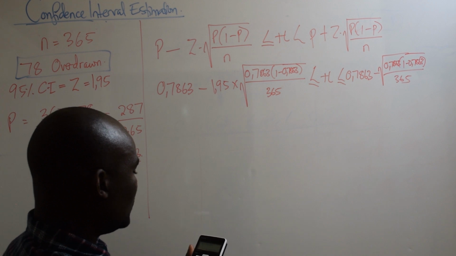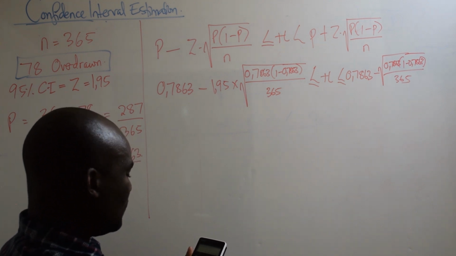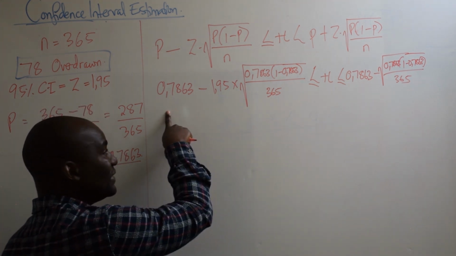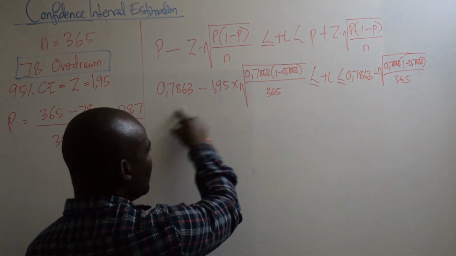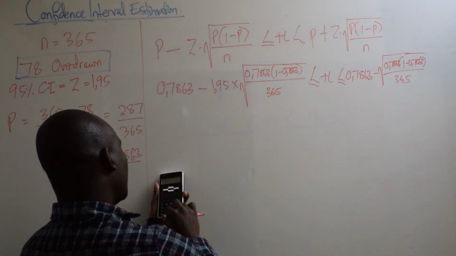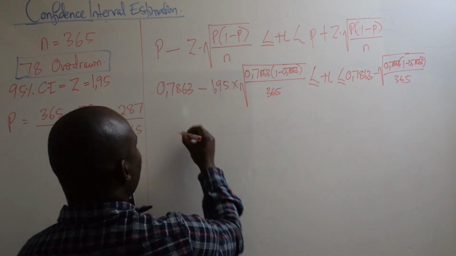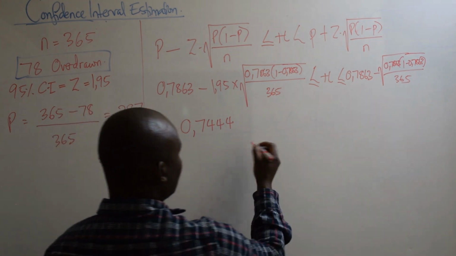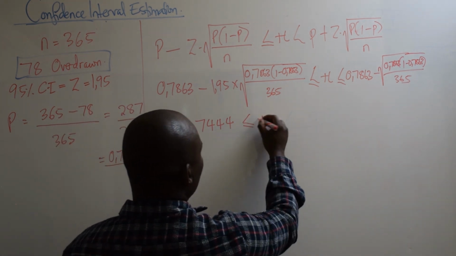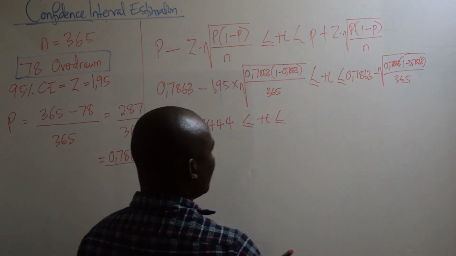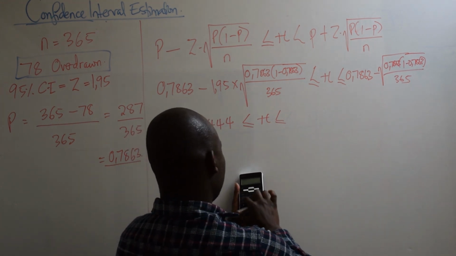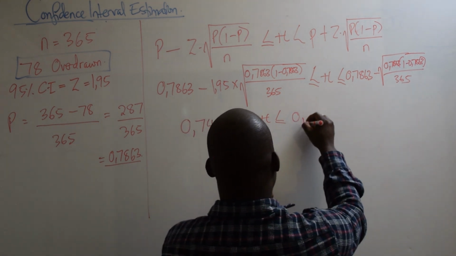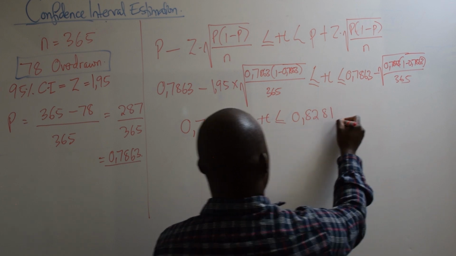We are going to get a 0.04. So we're going to add it to the 78%. Or the first one we subtract. So minus that would give us 0.7444, essentially. Less than or equal to the pi, which is less than or equal to 0.8281.